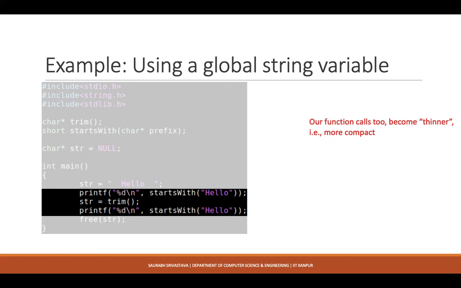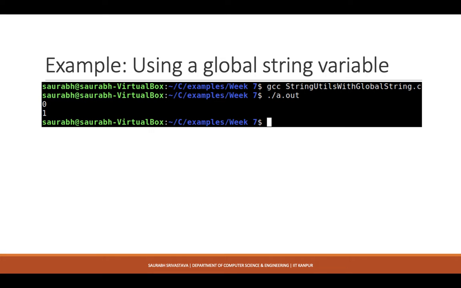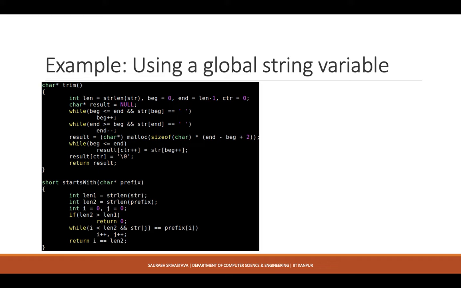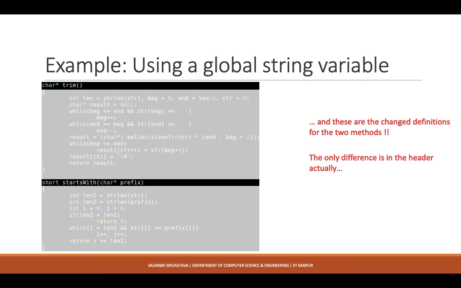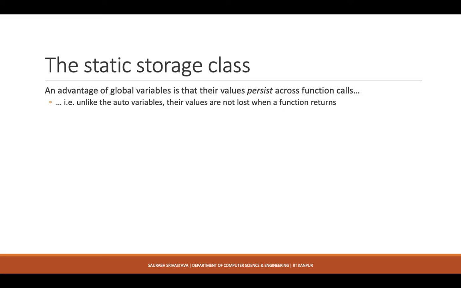And the function call, of course, also becomes thinner and more compact, because I have to pass one less argument while I call these functions. And well, the output actually remains the same. You can see the changes in the definition. Actually, the only thing that is changing is the header, right? You can see that I have removed the str variable from the header.